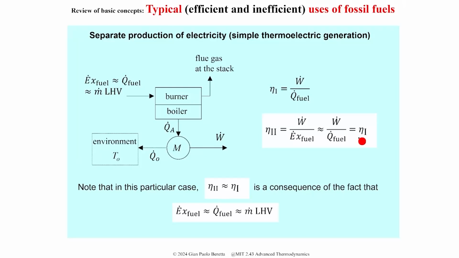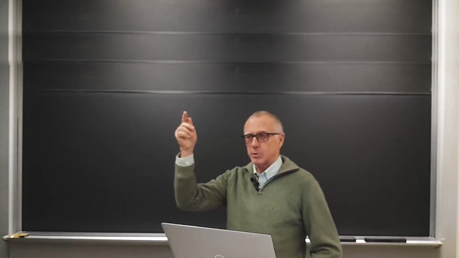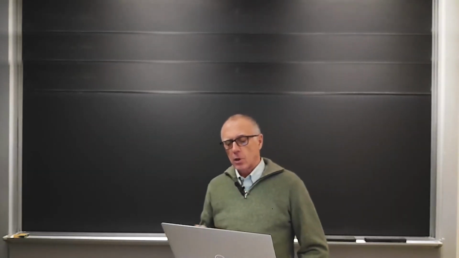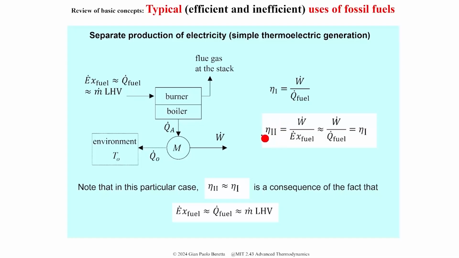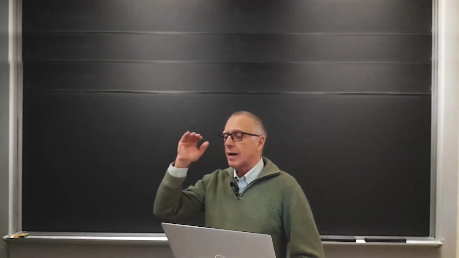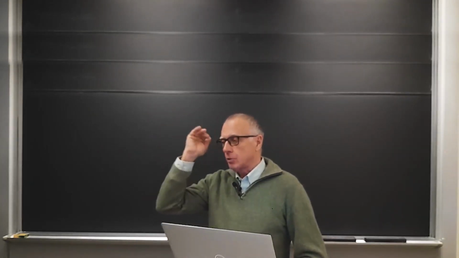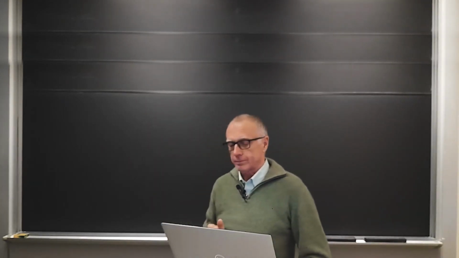So indeed, if you are at 65%, the margin for improvement is 35. You only have 35 to go to get 100%. And remember that second law wise, 100% is not impossible. It's the upper limit. It's what you would have for a reversible machinery.